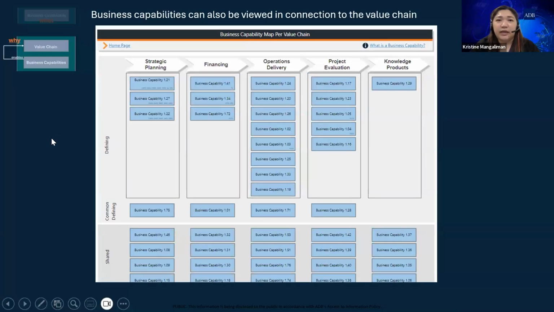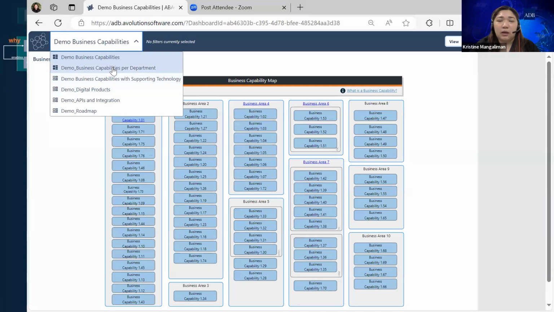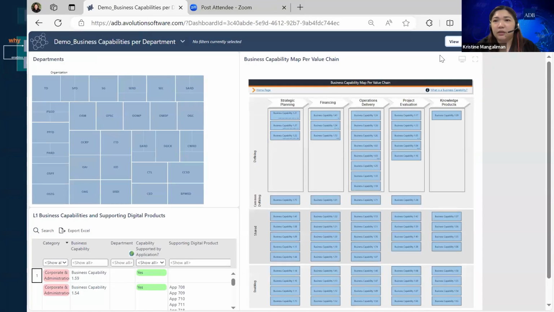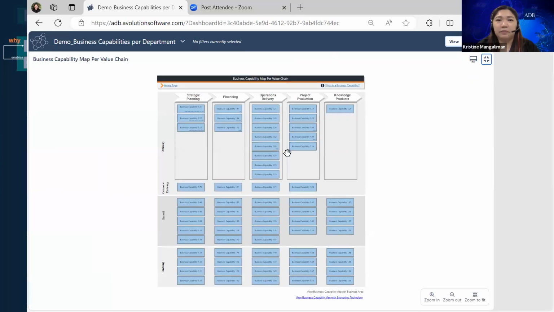And then the second one is the view according to the value chain. So this one, let me show you that example here and make it bigger.